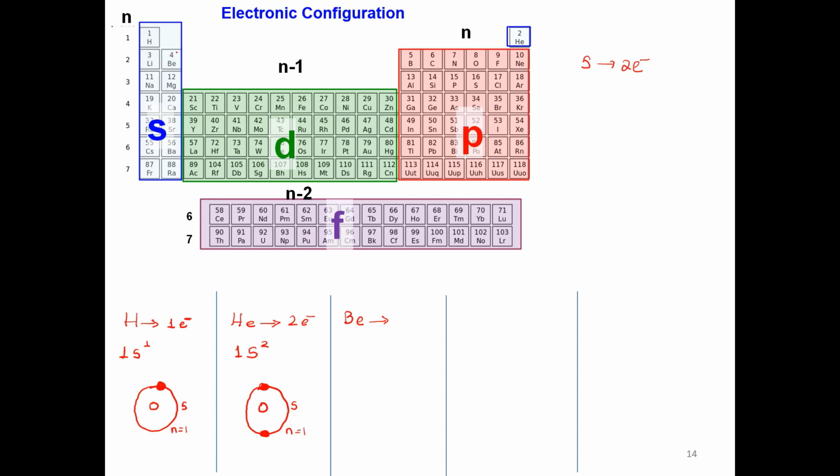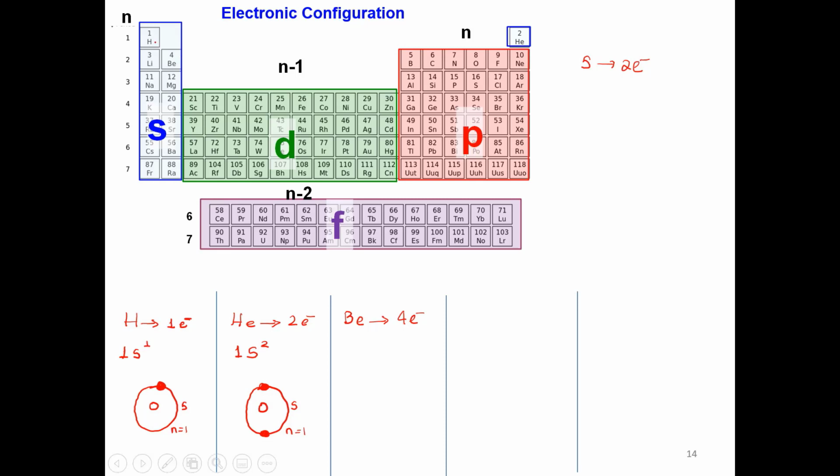Beryllium has 4 electrons. Yes, this is the atomic number. The atomic number tells us how many electrons there are in the case of neutral atoms, so we have 4 electrons. Beryllium is in the second row because the other shells, the other orbitals, are completed, are full.